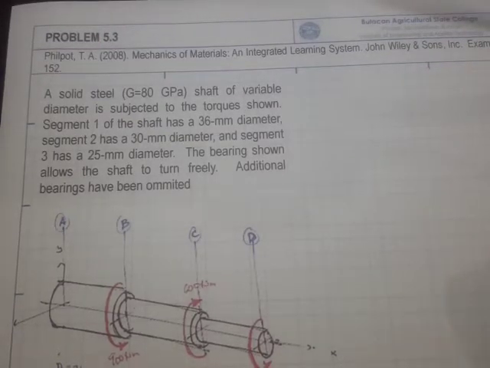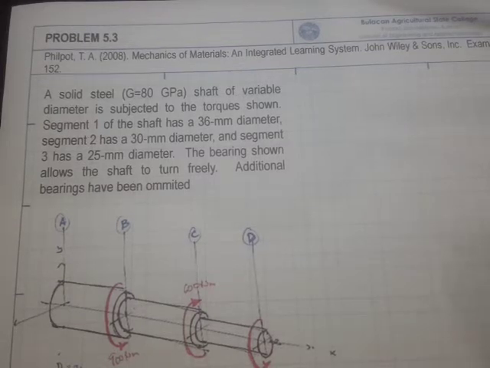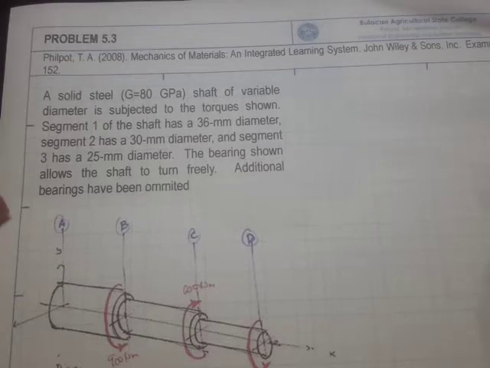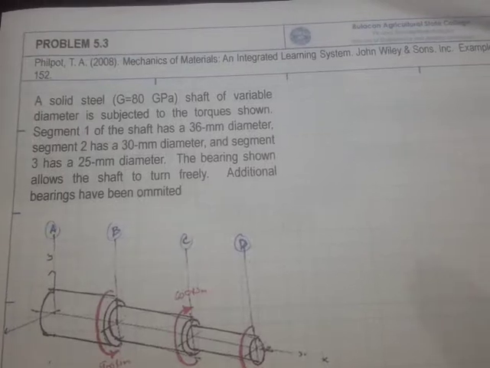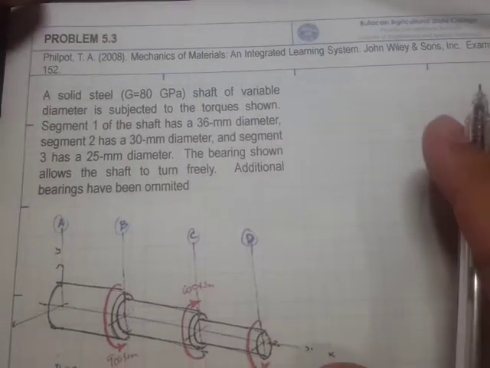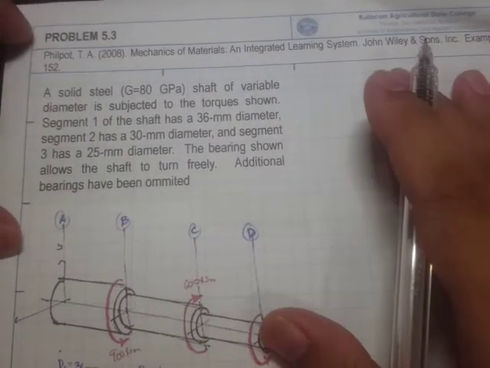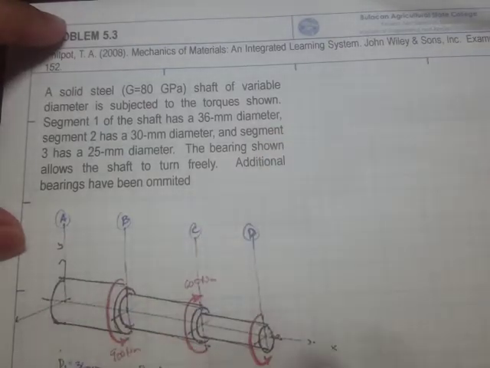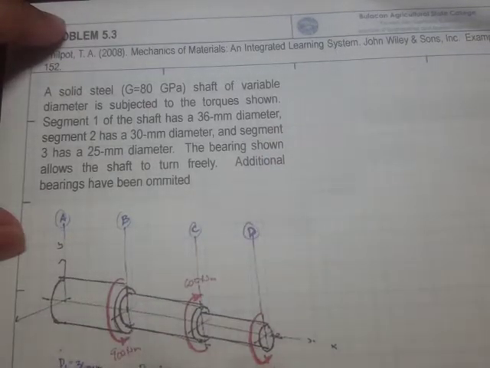Alright, so welcome back again to this video lecture in ENSC 106. Supposedly we are going to do indeterminate problems for members in torsion. However, I think that we also need to have problems on composite sections, right?